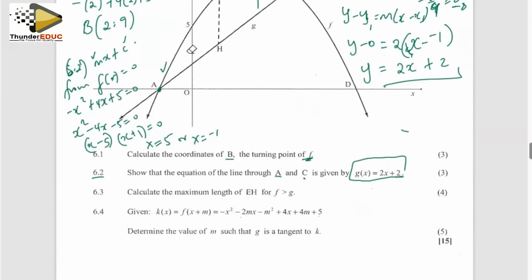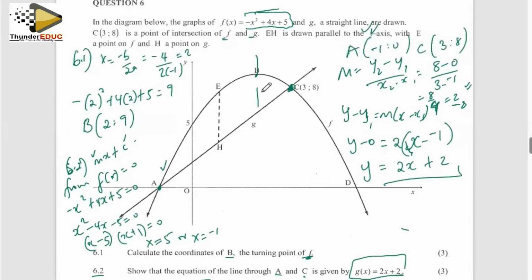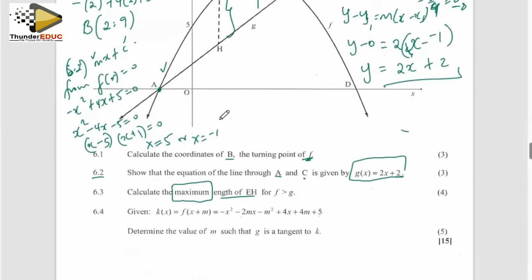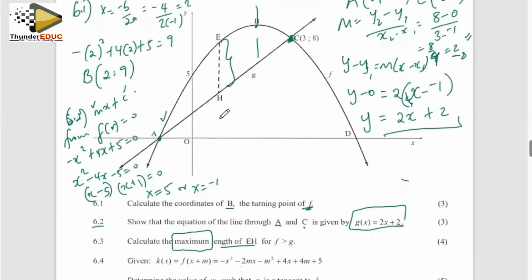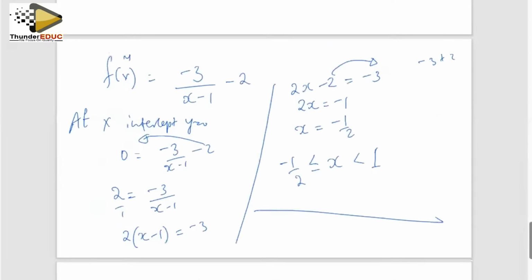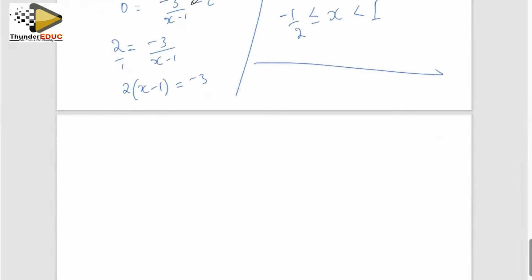Okay, 6.3. They're telling us to calculate the maximum height, EH. The keyword here is maximum. Since this is the distance between two graphs, we must get the top graph minus the bottom graph. So that's going to be f of x minus g of x. Our f was negative x squared plus 4x plus a 5.